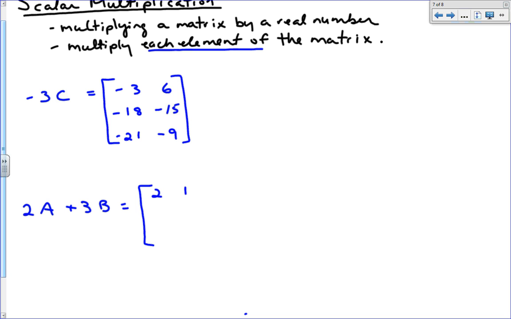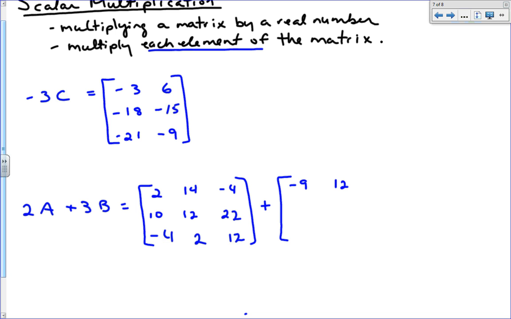So we have 2, 14, and negative 4, 10, 12, 22, negative 4, 2, and 12. And we're adding 3B, so that'll be plus, and let's multiply each element in B by 3. So we get 9, 12, 15, 3, 18, 33, 6, 24, 36.